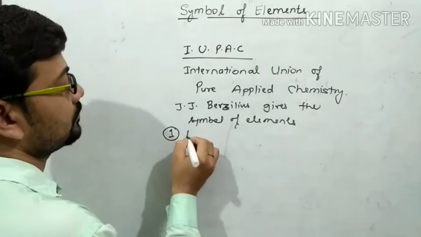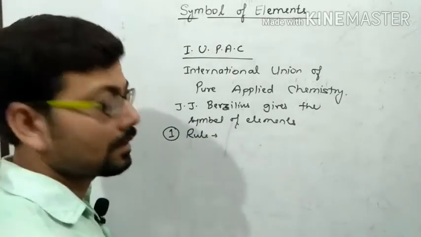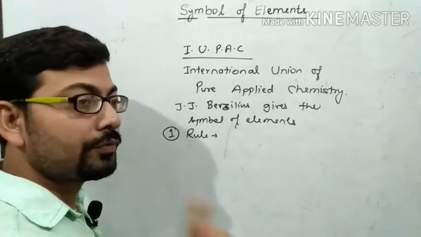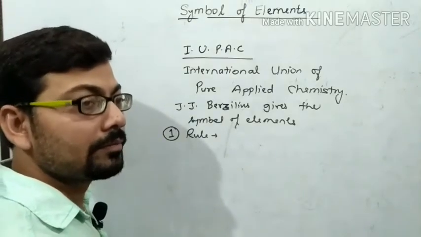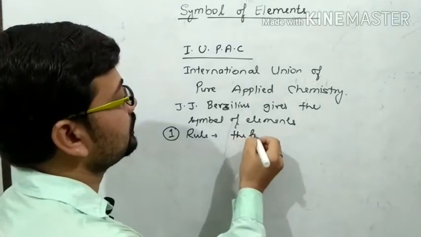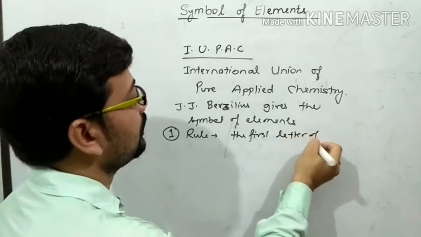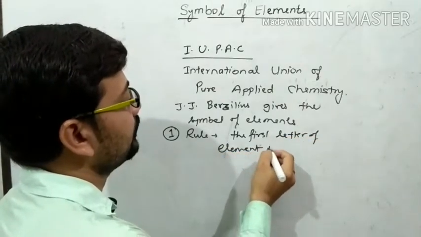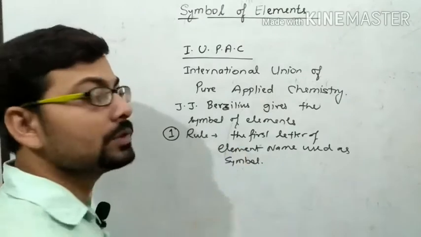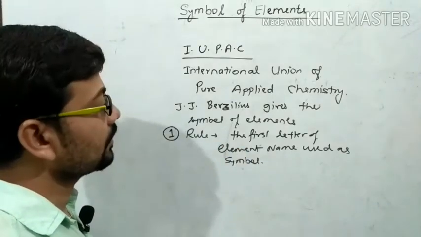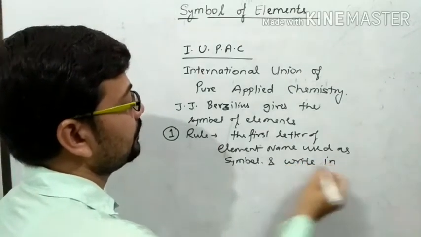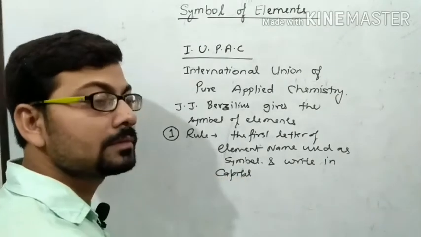First rule: the first letter of the element name is used as the symbol, and it is written in capital letter.